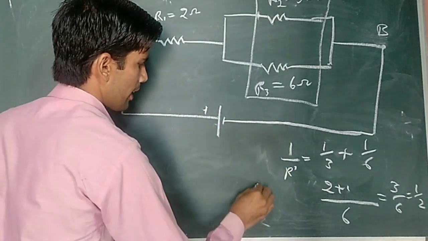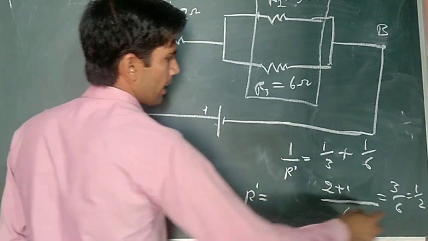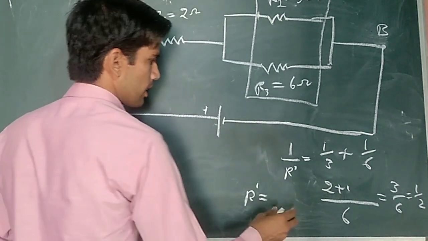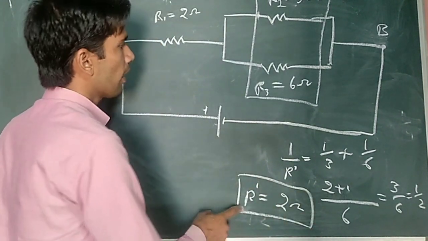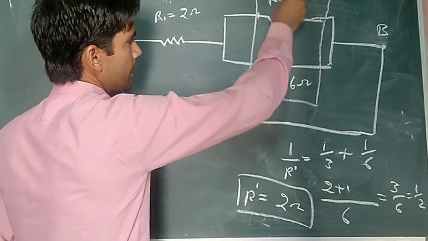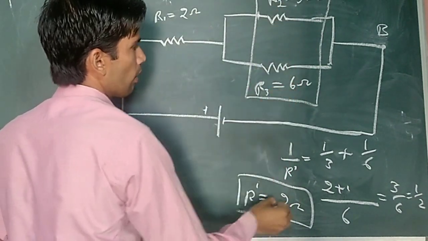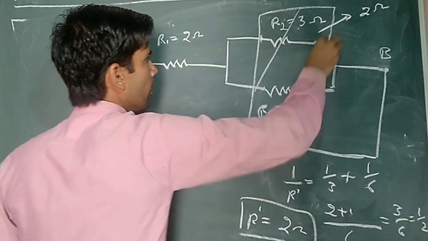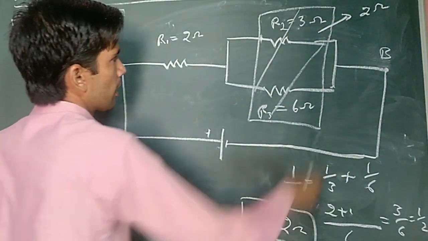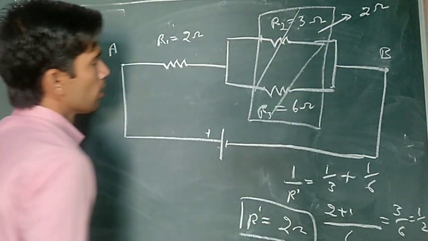Hence 1 by R dash is equal to 1 by 2. Then R dash is equal to 2 ohm. The effective resistance of this part of the circuit is 2 ohm.